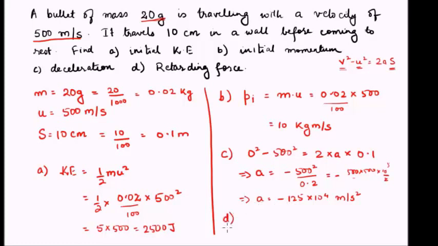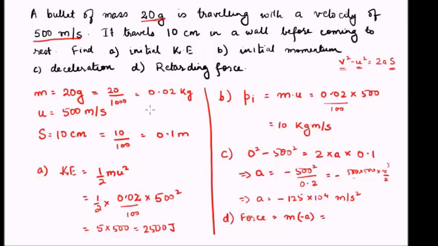Finally, the numerical asks us to find the retarding force. So the force which causes the retardation is known as the retarding force, and that would be the mass of the bullet into the deceleration. So let me write mass into negative of acceleration.